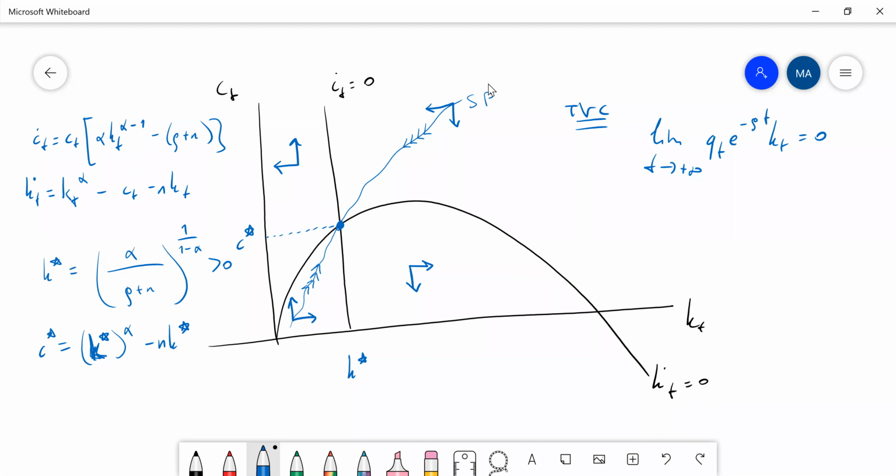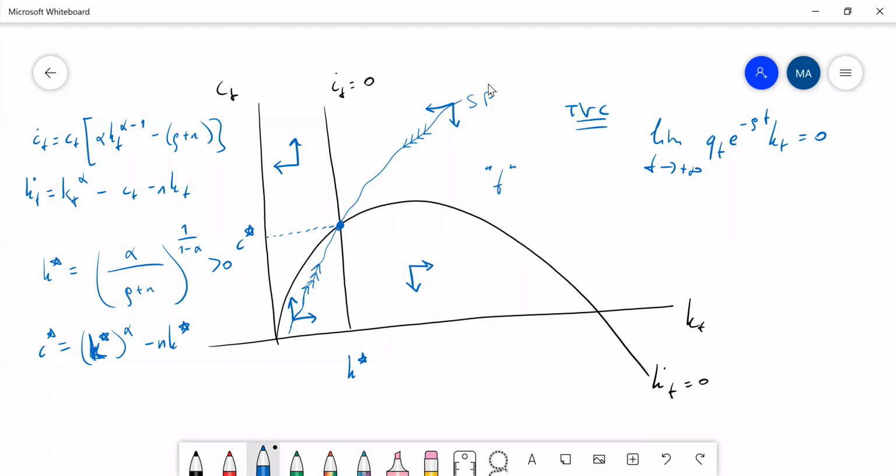Now realize one thing: the important property of a saddle path is this. In a dynamical system like this, if you are on the saddle path for some t, then you never leave the saddle path.